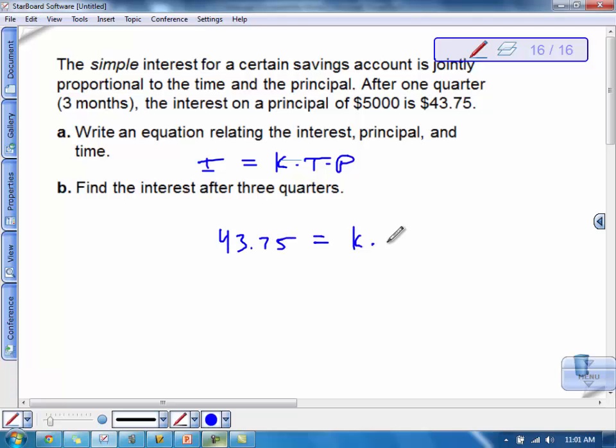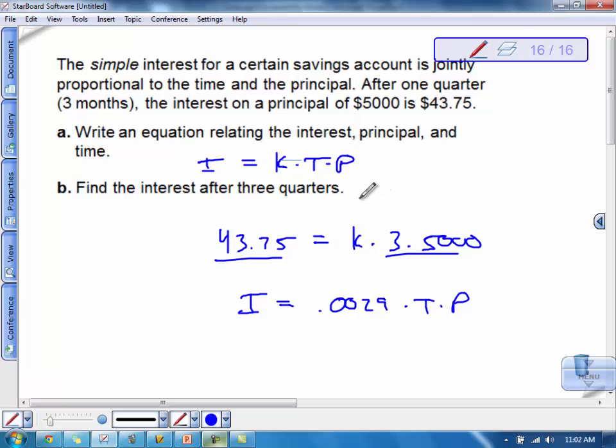The time is 3 months, and the principal is 5,000. All right. Let's then solve for K. Divide both sides by this. All right, so we get 0.0029. We can plug that back in for K, leaving I, T, and P as variables.